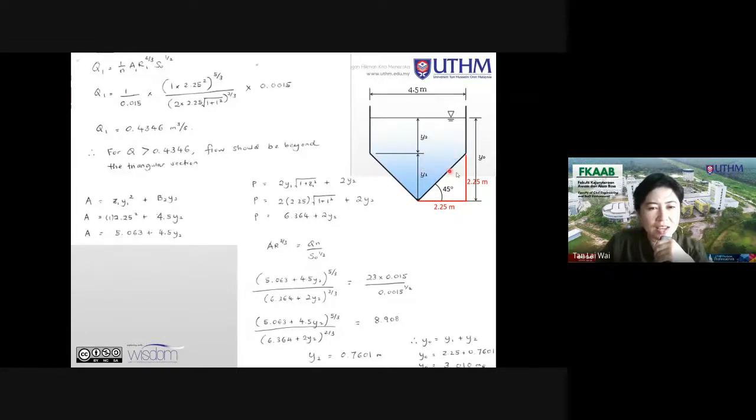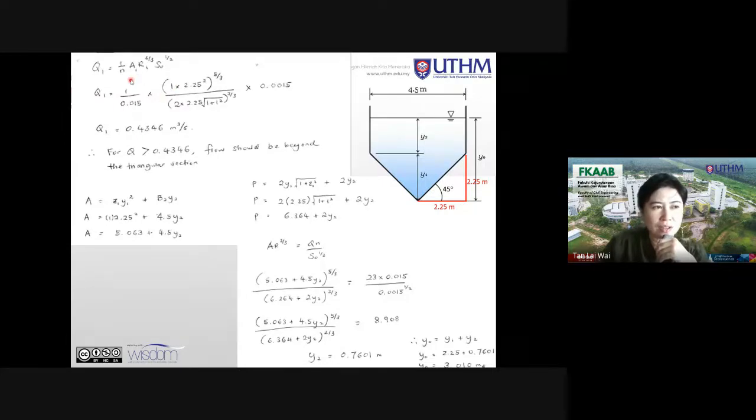I know that as y increases, my Q will increase as well. What I did is I tried to find the triangular section discharge, the discharge which goes over the triangular section, filling it up until 2.25 meter. So Q1, which is section 1, the triangular one, is actually 0.4346.